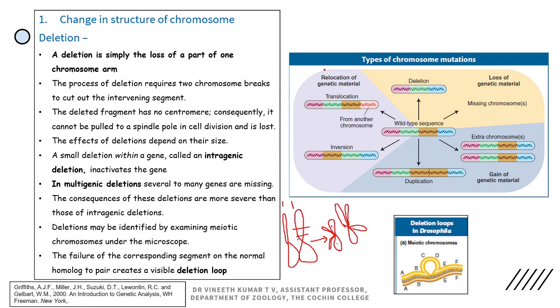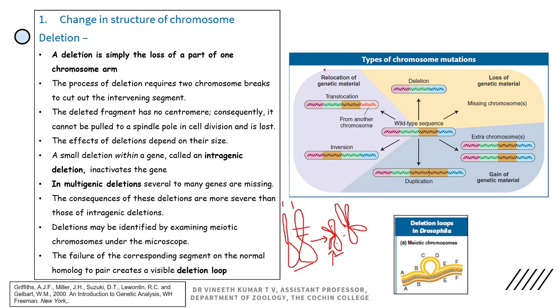There is no dissimilarity if this was the case. But what happened here was, a portion of this particular chromosome is deleted. As a result, a portion of the chromosome is missing from this chromosome.